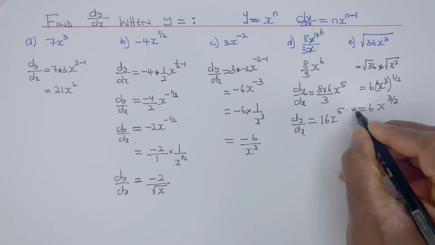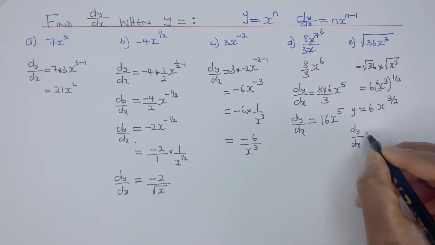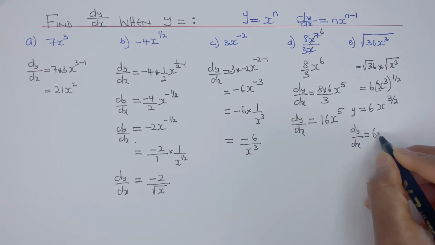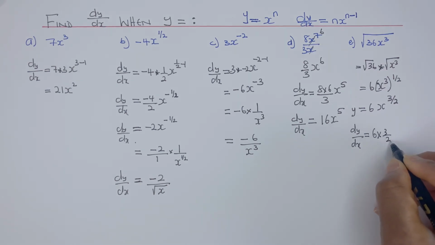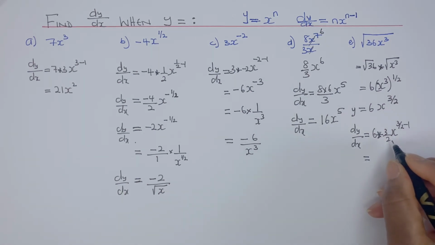So that's y. Now we can find dy/dx. So that will be 6 times 3 over 2, times x to the power 3 over 2 minus 1. And that will be, well, 2 goes there, 1, 2 goes there, 3, 3 times 3, 9.